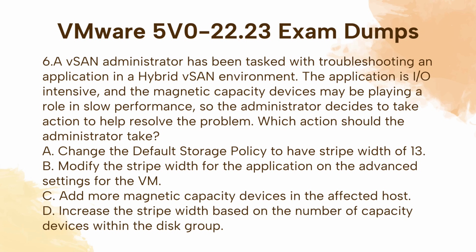A. Change the default storage policy to have stripe width of 13. B. Modify the stripe width for the application on the advanced settings for the VM. C. Add more magnetic capacity devices in the affected host. D. Increase the stripe width based on the number of capacity devices within the disk group.